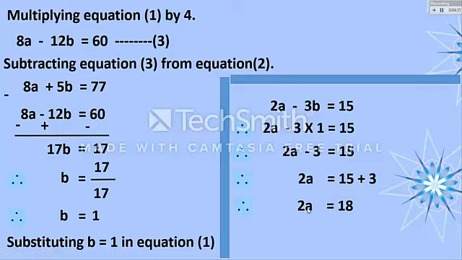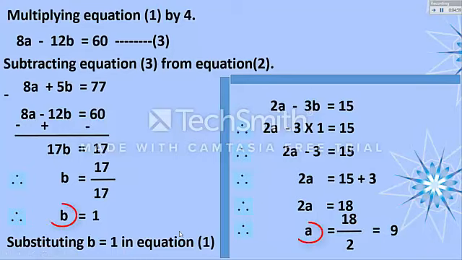This 2 multiplied, taking to the RHS side, becomes divide. Therefore, a is equal to 18 divided by 2, we get 9.